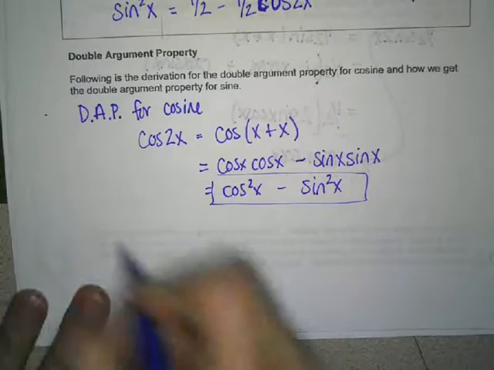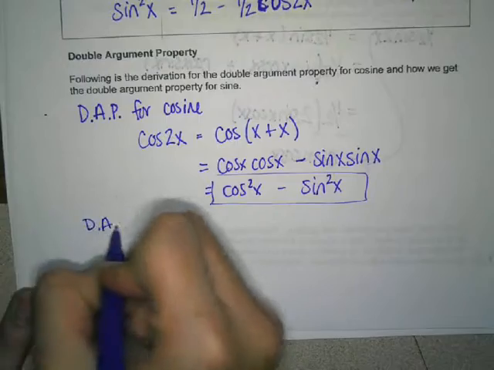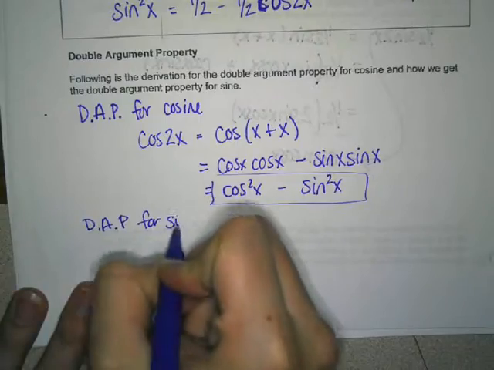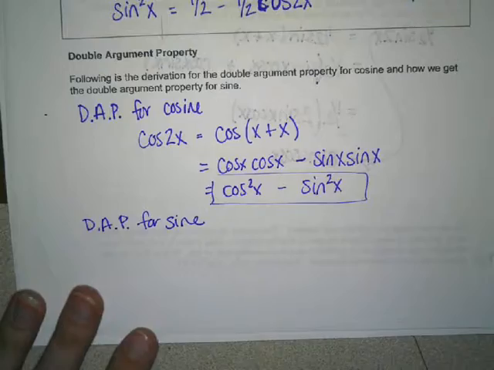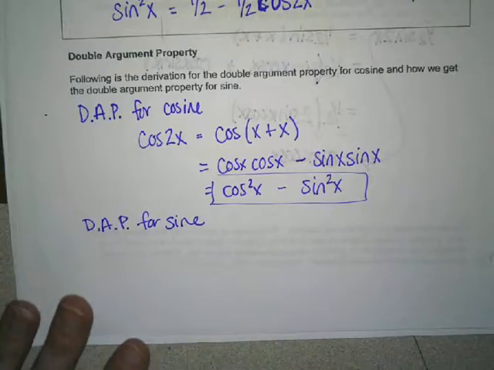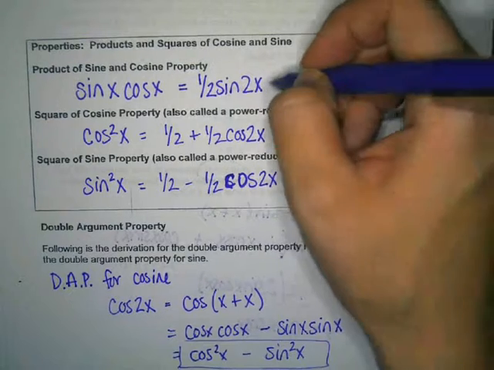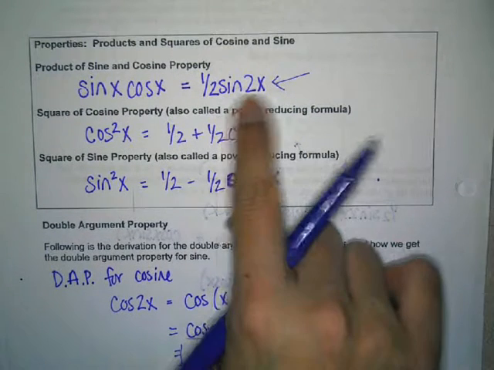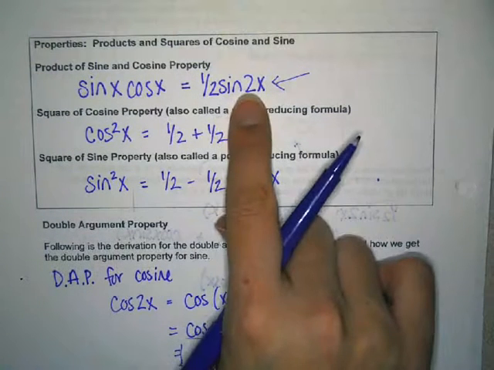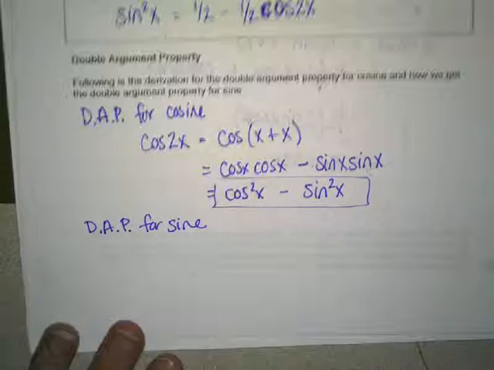The double argument property for sine, or one version of it, actually comes from something we've already proven, which is this guy here, because you notice that you have a double argument right there, sine 2x, and we already proved that on the first page, so I'm not going to make you reprove it here.